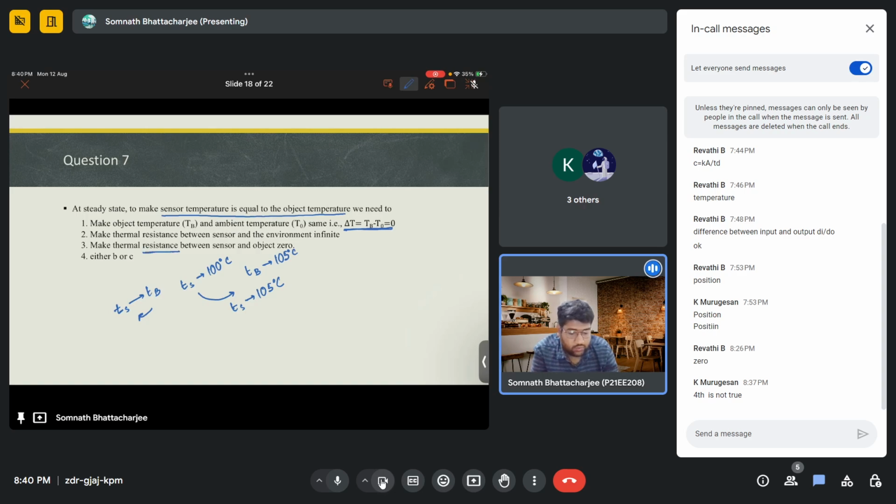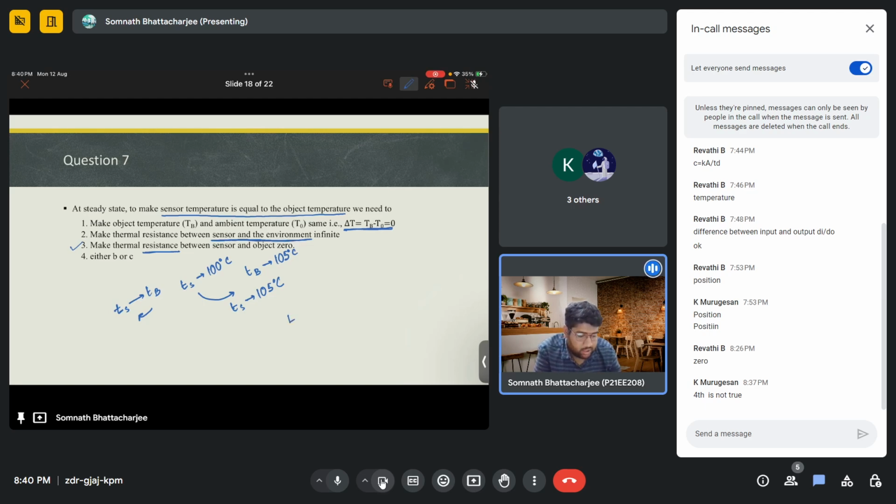So the third one is a true one, where we can see that without any thermal resistance, the temperature of the sensor that was 100 degrees centigrade will after some time be 105 degrees centigrade. There won't be any issue. Other than that, the resistance between the environment and the sensor should be infinite.